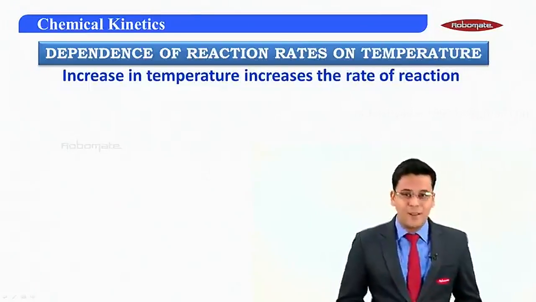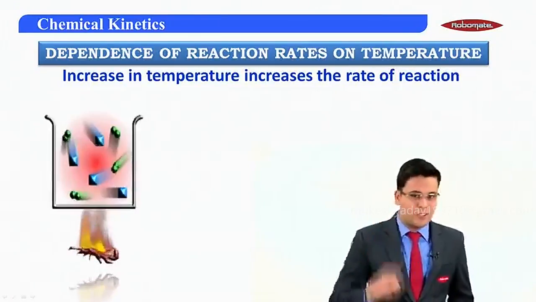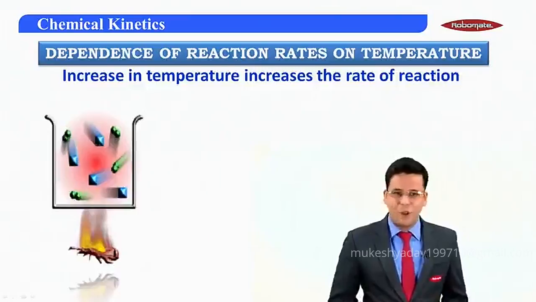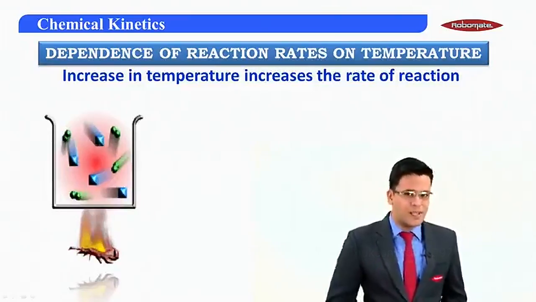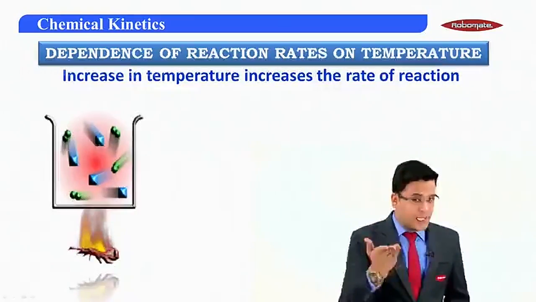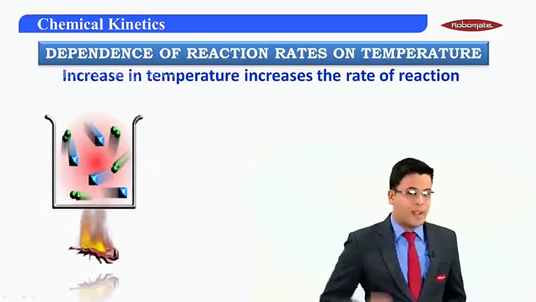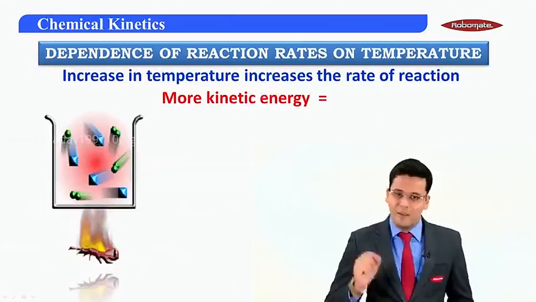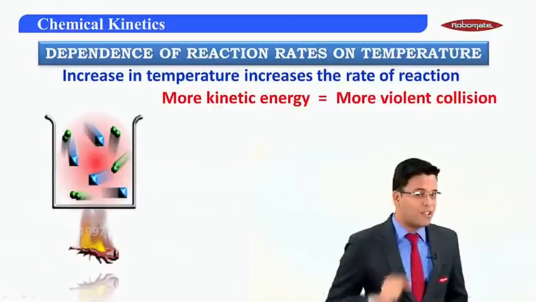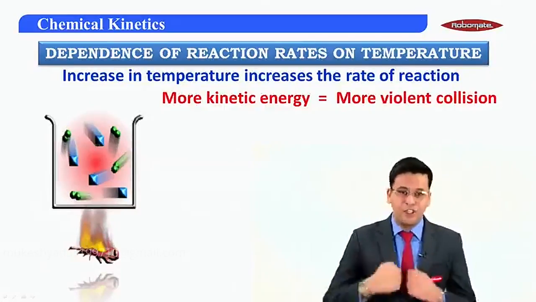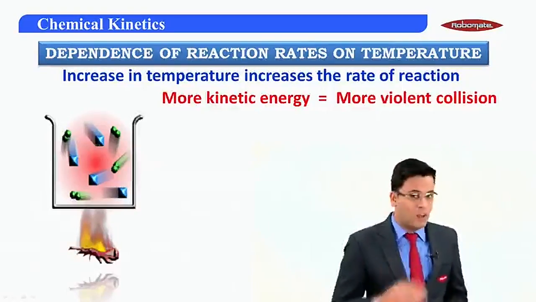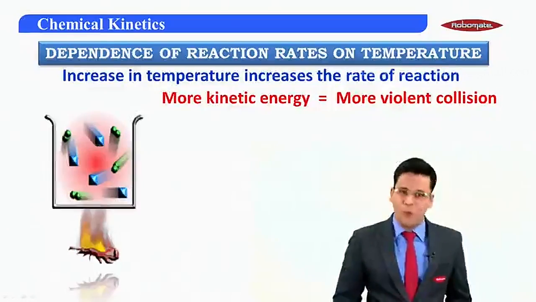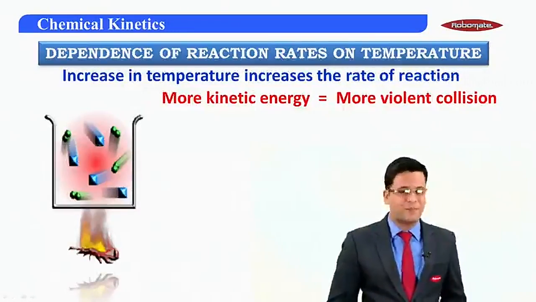Now this mainly happens due to two reasons. First of all, when you increase the temperature, the kinetic energy of the molecules increases, and more kinetic energy means that you have more violent collisions. The collisions between the molecules will be much more violent at higher temperature.